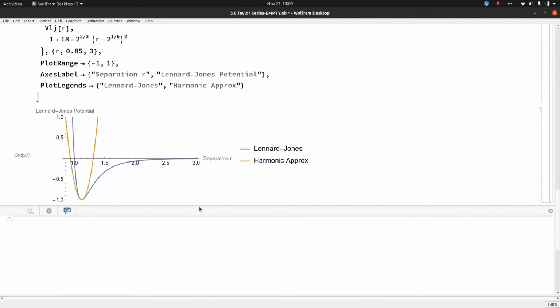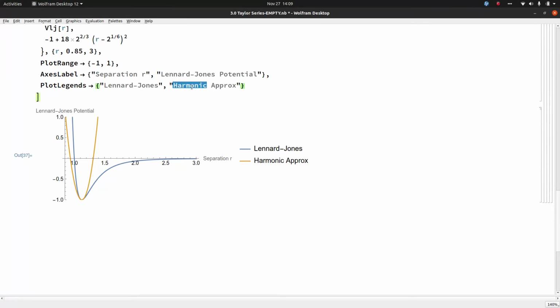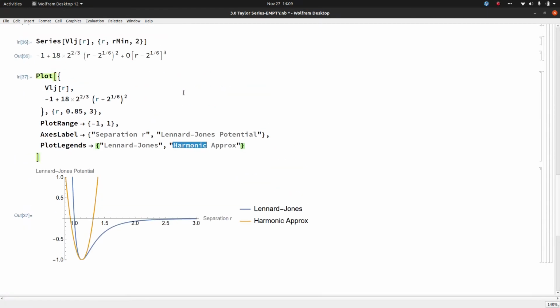And you can see, the reason we call this a harmonic approximation is because remember, the energy of a simple harmonic oscillator goes as x squared. This also goes as the distance squared. So we have the same type of potential energy in this approximation as we would for a simple harmonic oscillator.